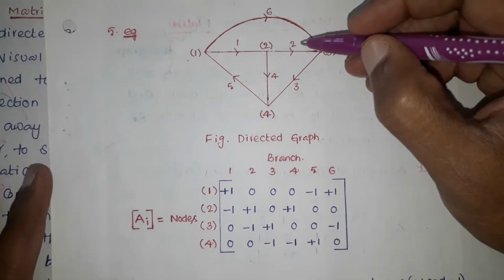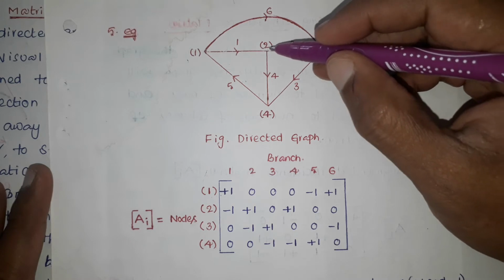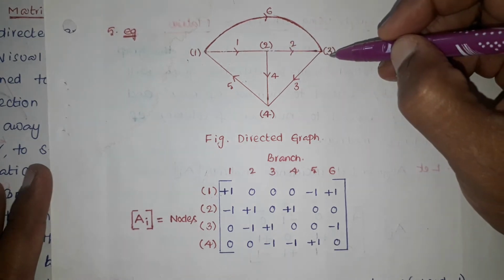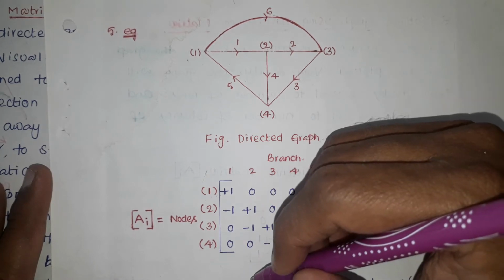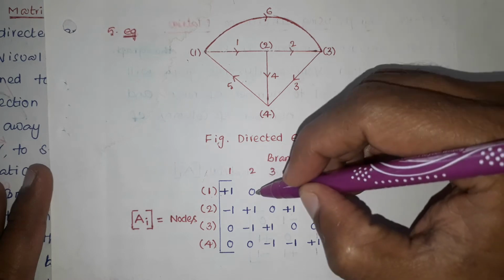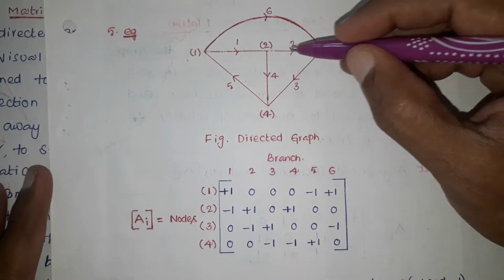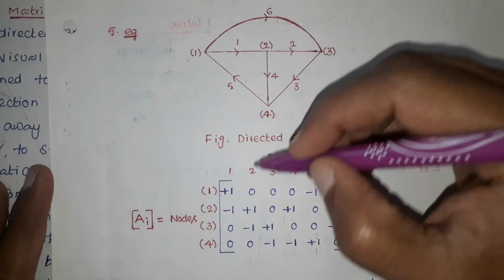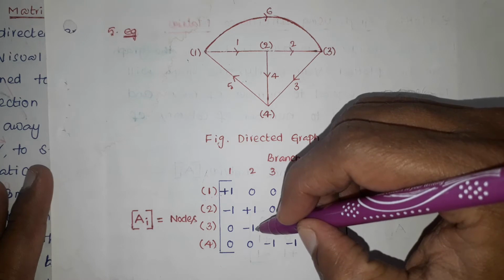Similarly, to fill the second column, the second branch is connected between the second node and third node. So the second and third are non-zero elements, and it is not connected to the first node and fourth node, so those are 0. It is leaving at the second node and coming to the third node, so for the second node +1, for the third node -1.